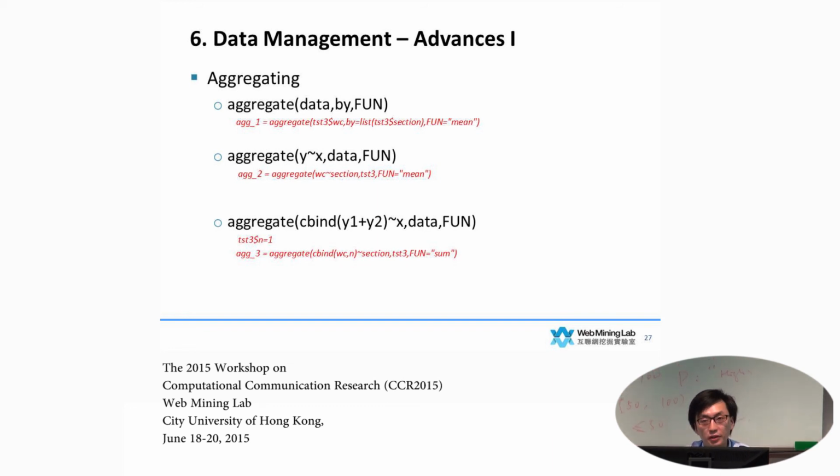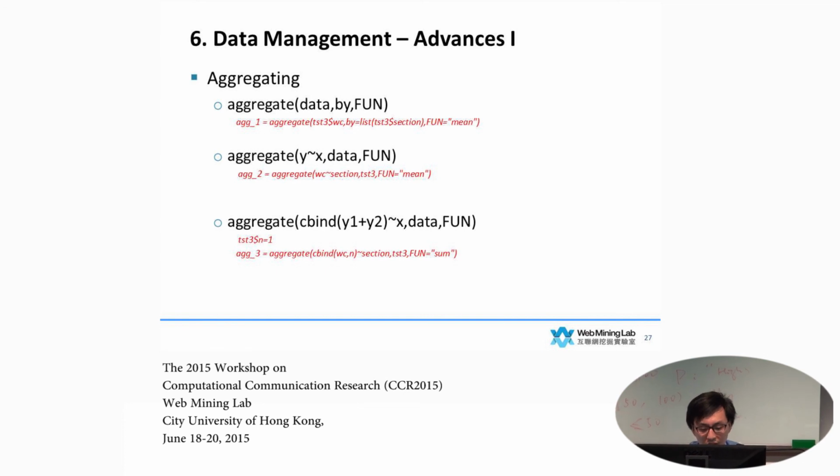Aggregating is also a very useful function in SPSS. It's very useful to summarize data. For example, calculate the average article length by section. So we want to see all articles posted in the World section, and we want to calculate the average article length, so we use the aggregate function.